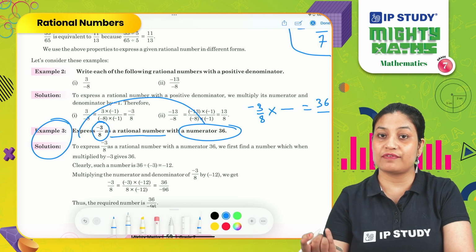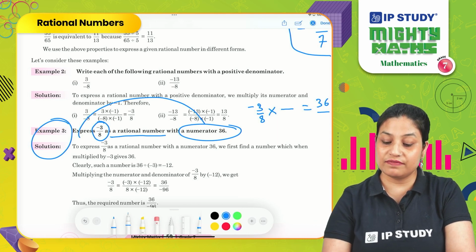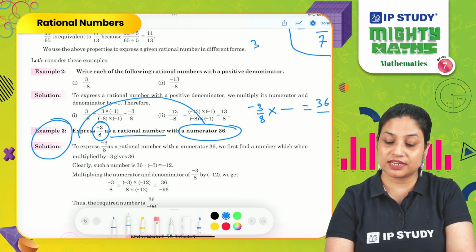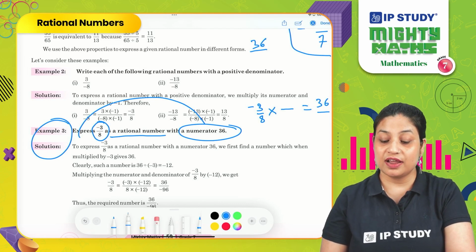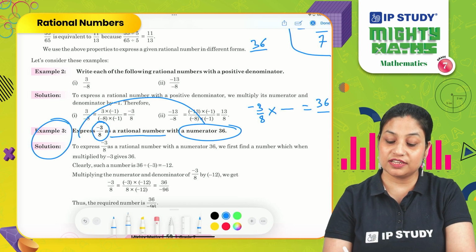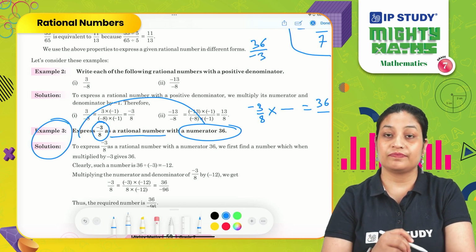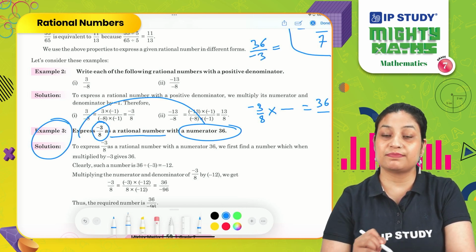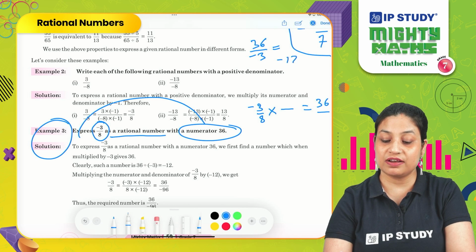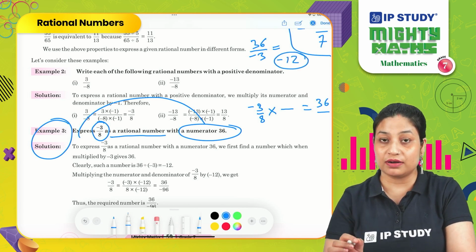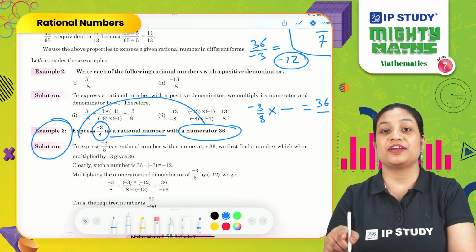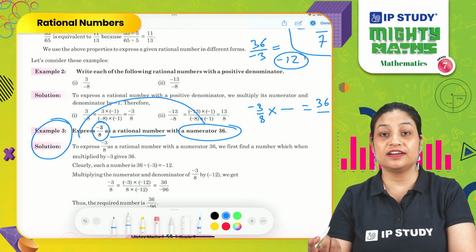In order to find that, we will divide the given 36, this is the desired output, right? And what is the given numerator? This is minus 3. So if you divide 36 by minus 3, what will you get? Minus 12. It means minus 12 is the required number with which you multiply your numerator and you will get the desired result.